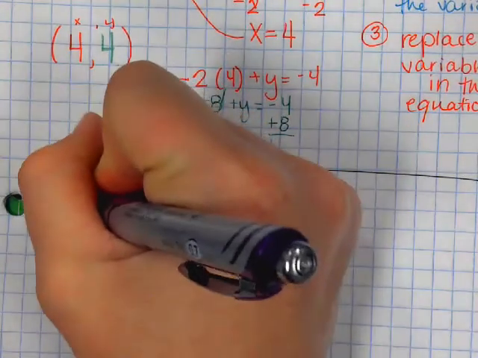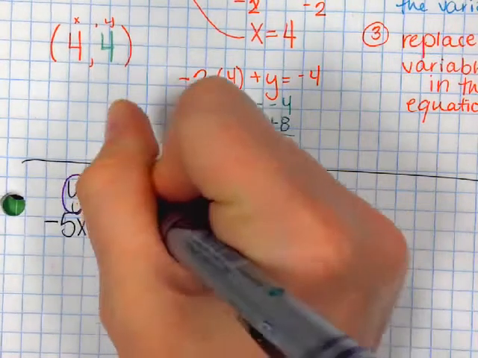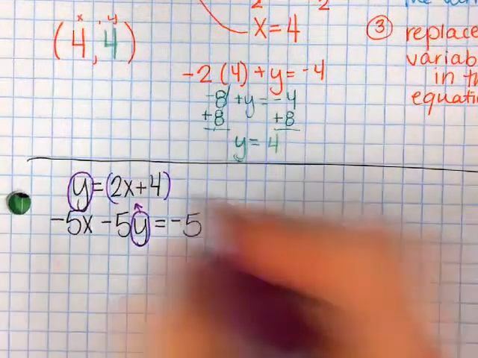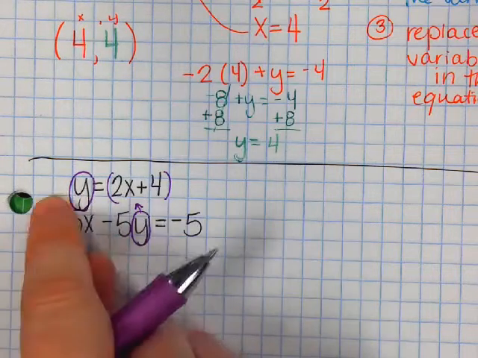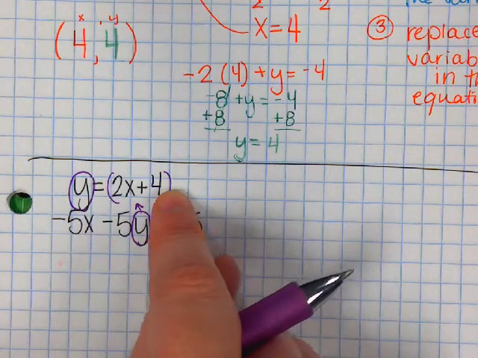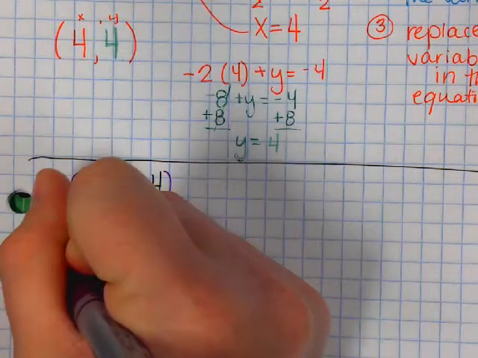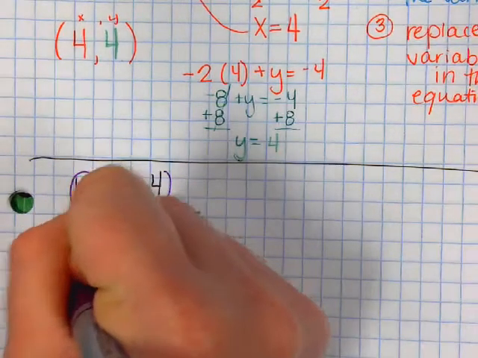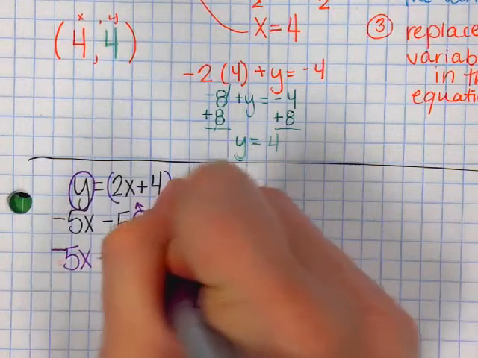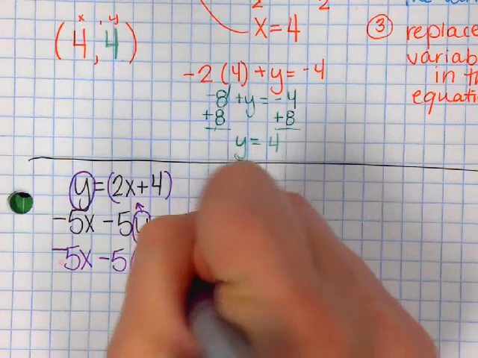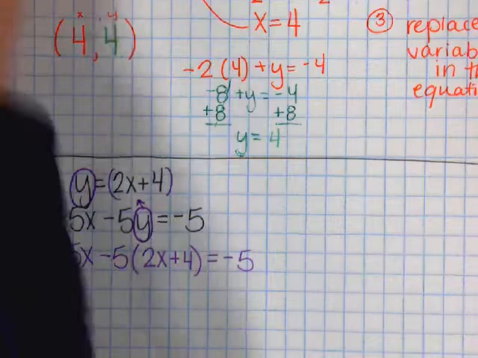So we're going to take out the y and replace it with that whole equation, because y equals 2x plus 4. And again, we can only use one variable in order to solve. So I'm going to rewrite this second equation as negative 5x minus 5 parentheses 2x plus 4 close parentheses equals negative 5.